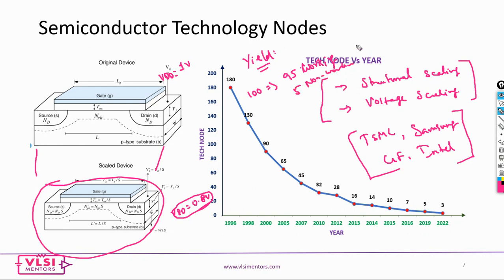That means your yield is 95%, but industry targets 99.99%, because otherwise your overall manufacturing cost will go up. So industry looks for a technology which gives better yield and better performance, etc. Now let me give you a quick example.